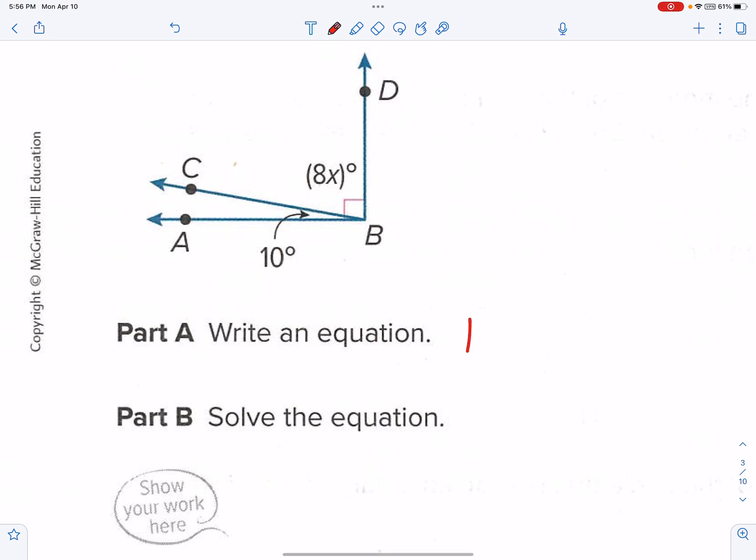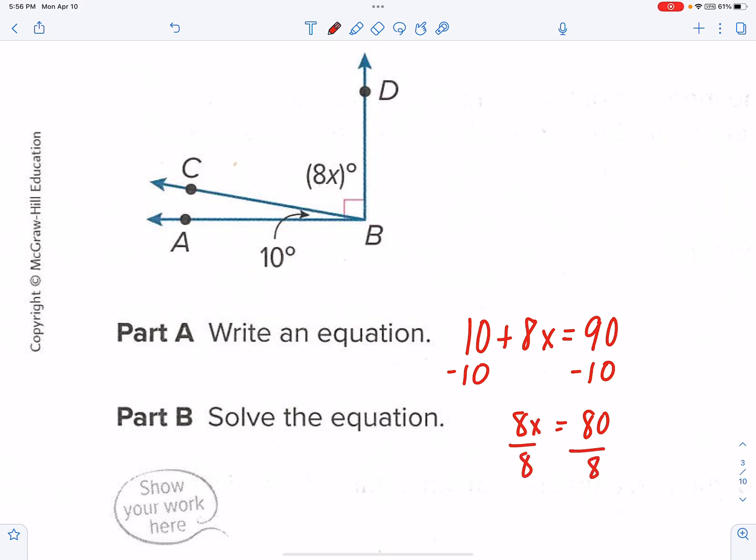We have 10 plus 8x, we know equals 90 because they're complementary, making up a corner. Then we can solve. Subtract 10 from both sides, and we have 8x equals 80. Then divide both sides by 8, and we get x equals 10.